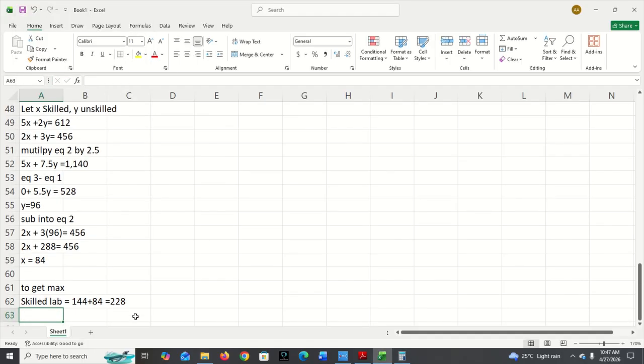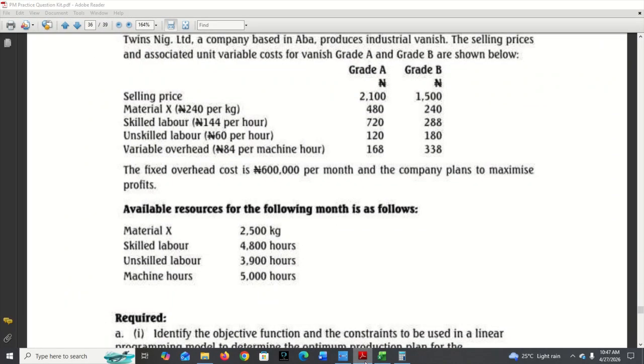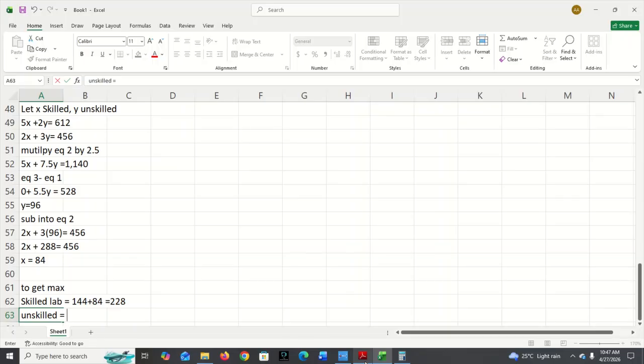Then for unskilled, how much is unskilled for A? For grade A, I'm sorry, for both is 60 naira per hour. So add the 60 plus what we just got. What's the value of our y?